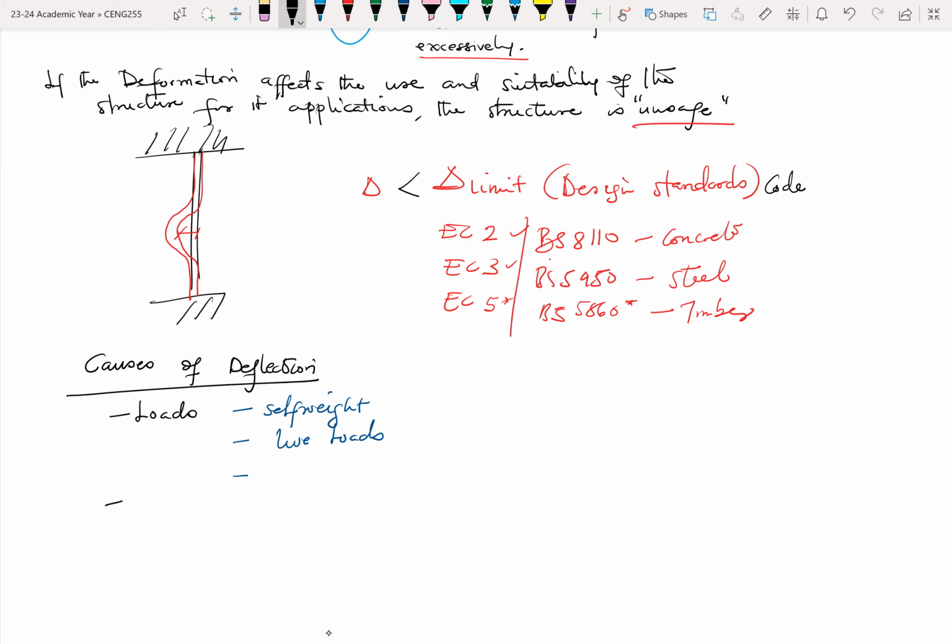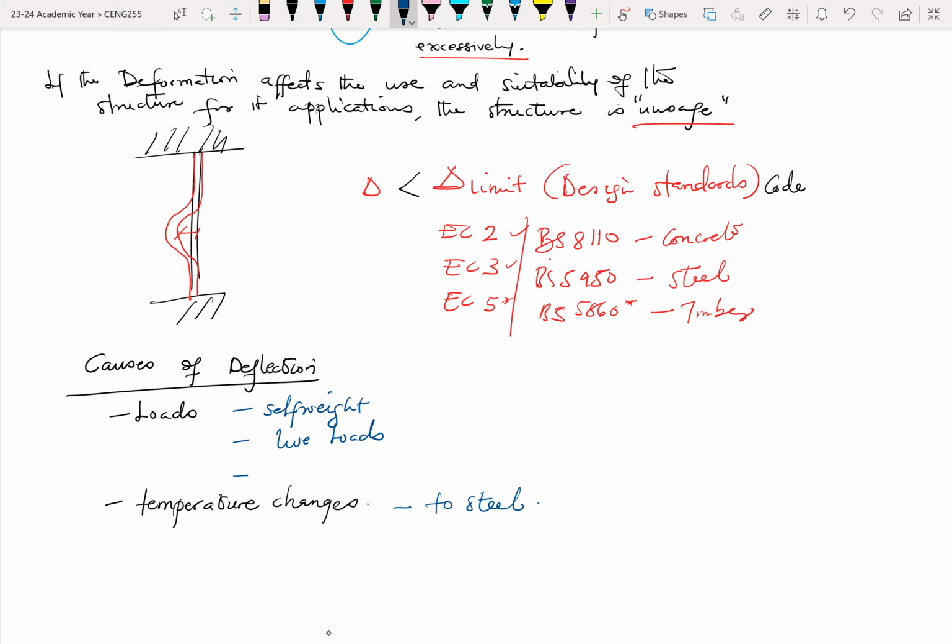Then the next one would be temperature changes. And this one is more susceptible to steel structures. All right. Because they tend to respond more to heat than concrete.